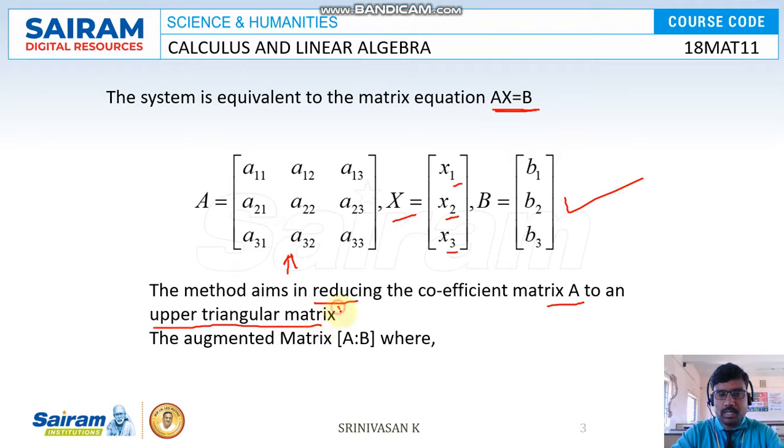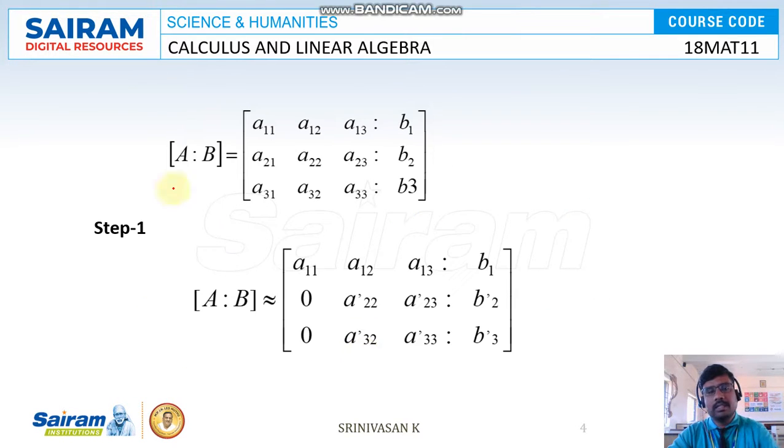The process is nothing but making the matrix an upper triangular matrix. So the augmented matrix is AB, where this is A clearly, and this one is B. We have to create an upper triangular matrix.